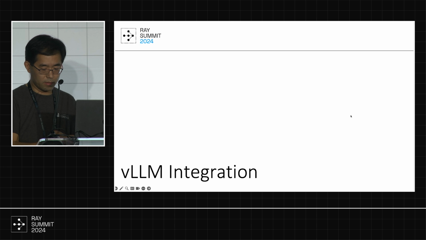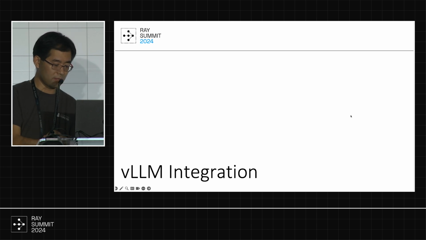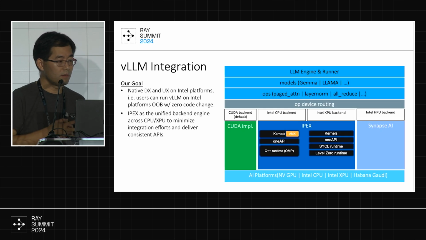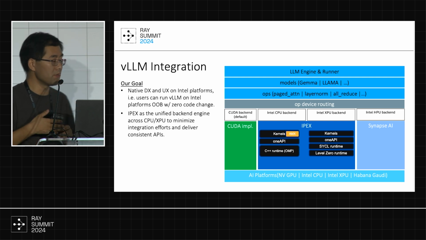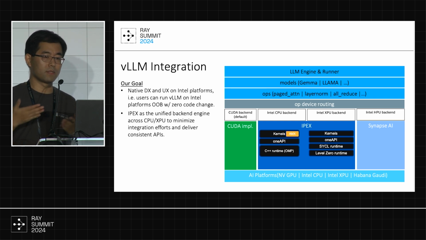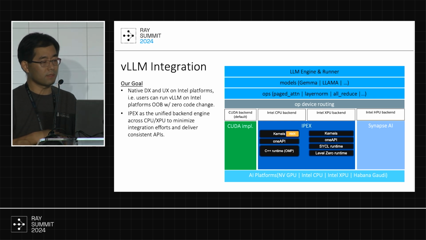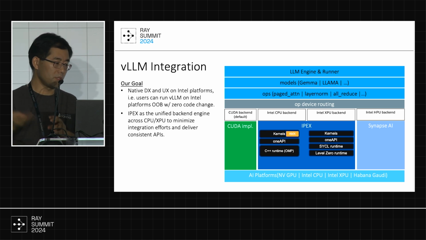Okay, so now I'll cover the second part, vLLM integration. Our goal is very simple. We want to provide a native developer experience and user experience when you run vLLM on the Intel platform, right? Which means you can build the Docker container for Intel's CPU, GPU, and also HPU platform, and then as a user, you just run your code out of the box.